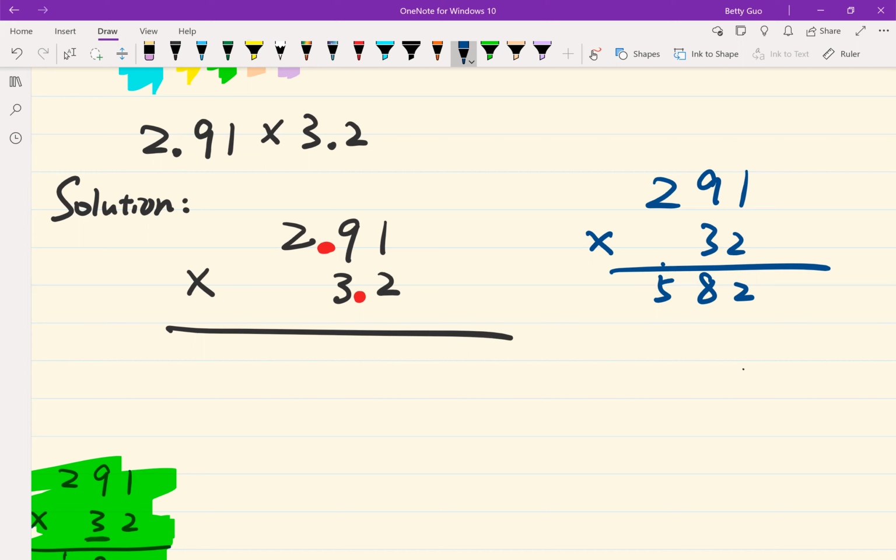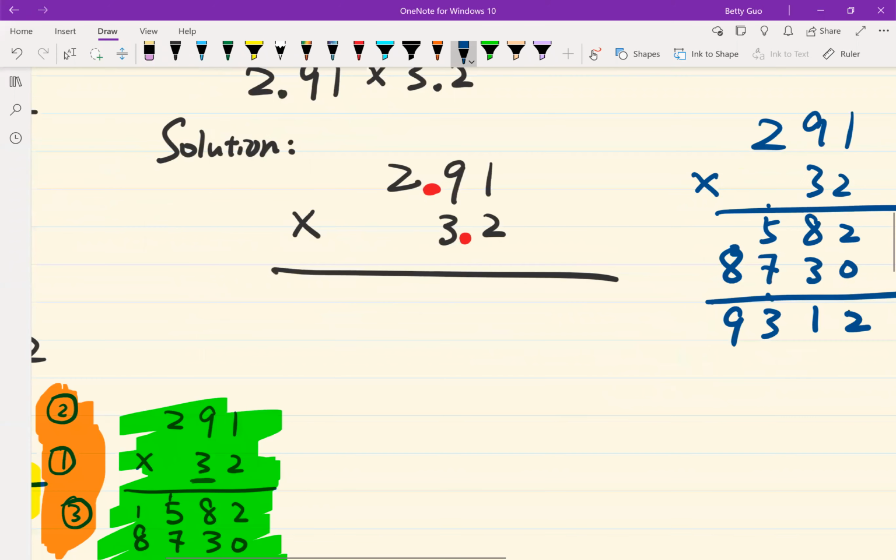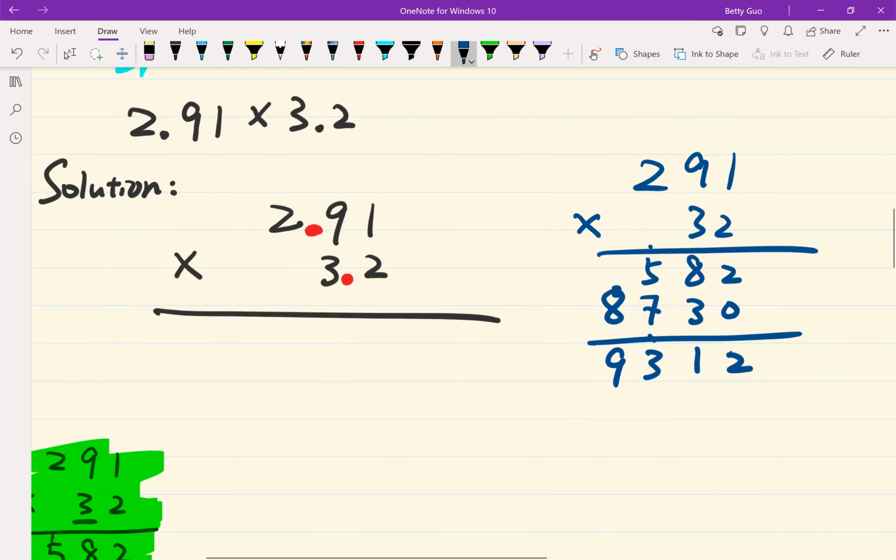And then 30 times 1 is 30, and 3 times 9 is 27. So we have 8,730 here. And then we add them up. This is 9312.